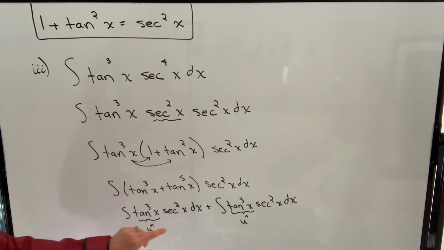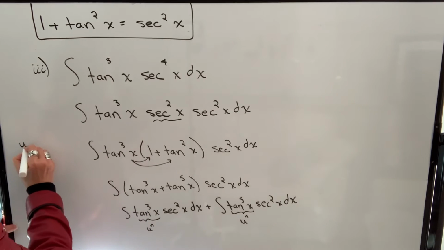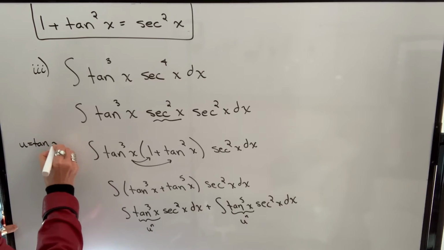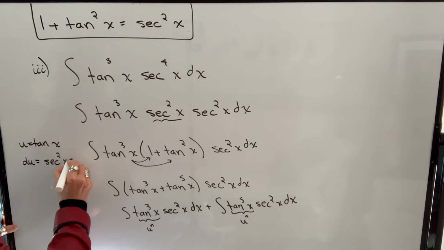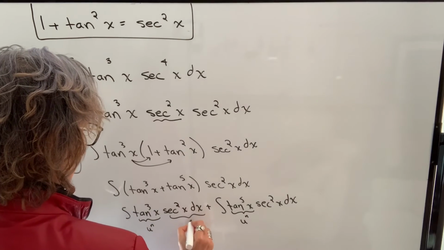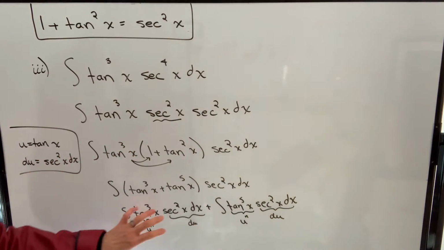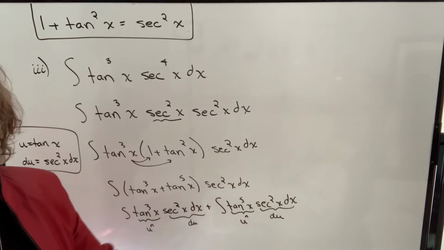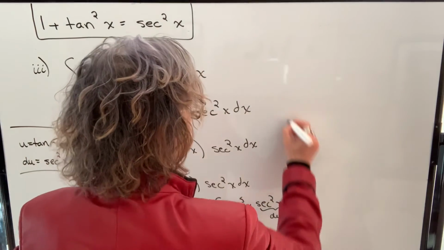For each of these terms, we're dealing with a u to the n, where u is tan of x, and the du factor will be secant squared x dx. So I have my du factor here, I have my du factor here. So they both fit the general power formula, and therefore I can integrate using that method.